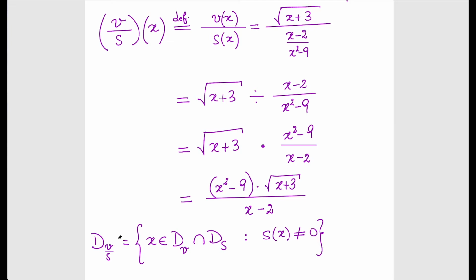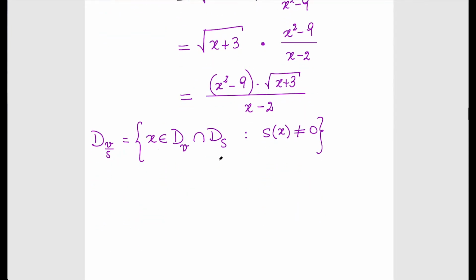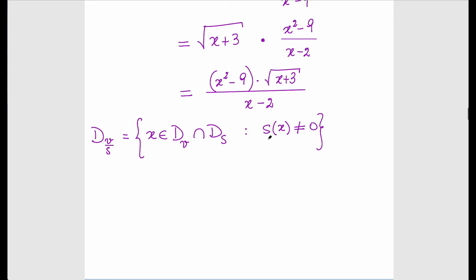So the domain of the quotient function is the collection of all elements that live in the intersection of the domains, as long as those do not make the denominator 0, correct? So we need to find dv, the domain of v, and the domain of s.